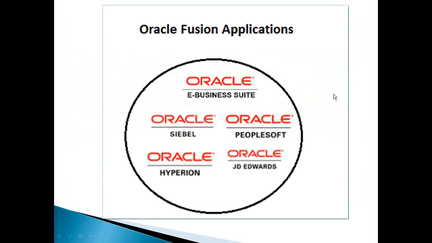Now, what are the products Oracle acquired? Out of all the products, they picked the best solution areas and built an application called Fusion Applications. With Oracle EBS, all the products were developed by Oracle and made into one product, one kind of ERP solution.